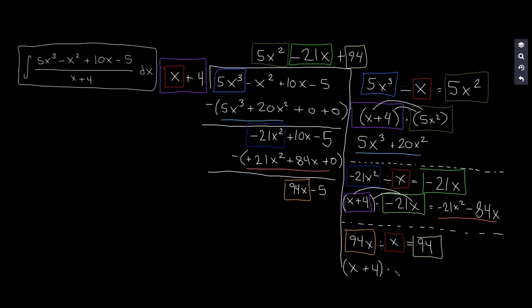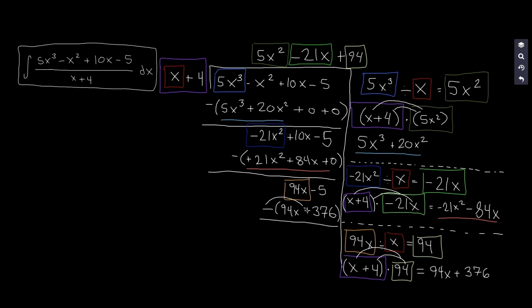We'll multiply the divisor x plus 4 to 94. 94 times x is going to be 94x, and 94 times 4 is going to be 376. So we'll take this 94x plus 376 and subtract it from what's left in our dividend here.